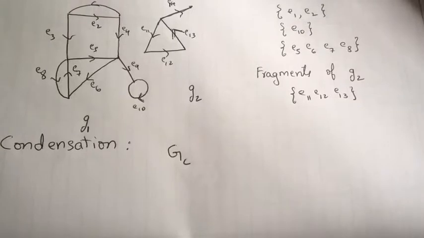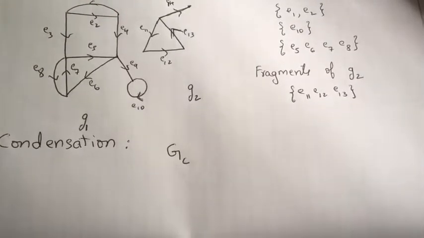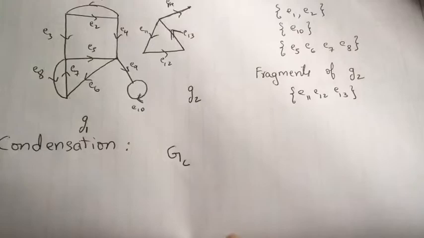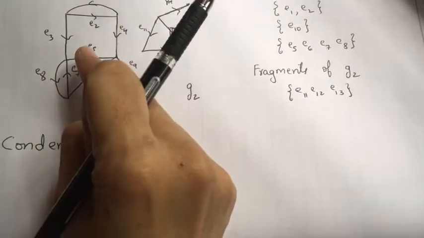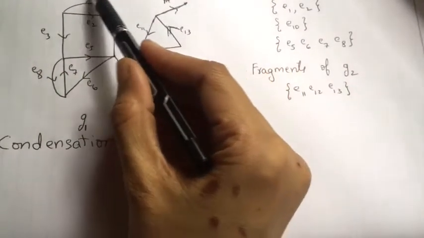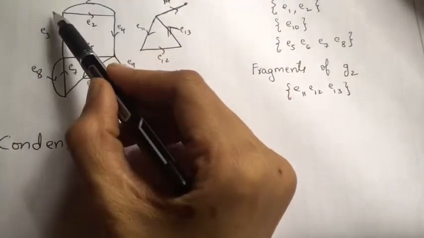I repeat, a condensation GC of a digraph G is a digraph in which each strongly connected fragment is replaced by a vertex. See, this is a strongly connected fragment.